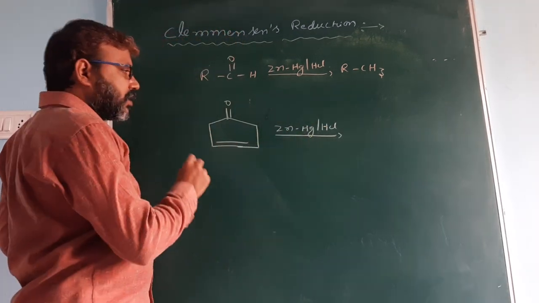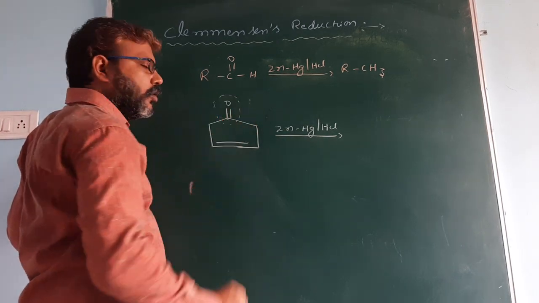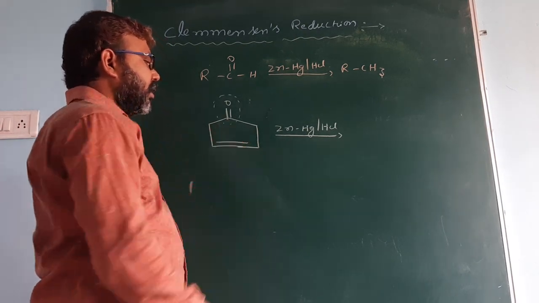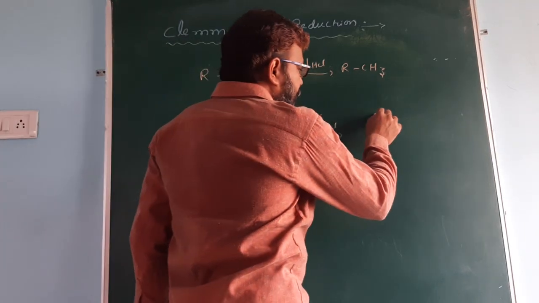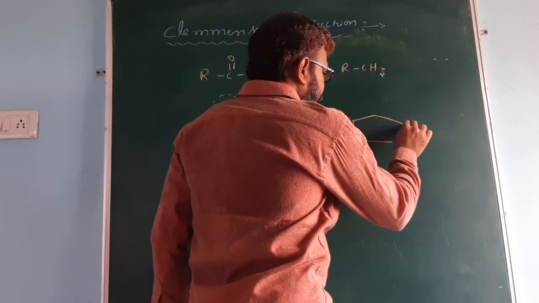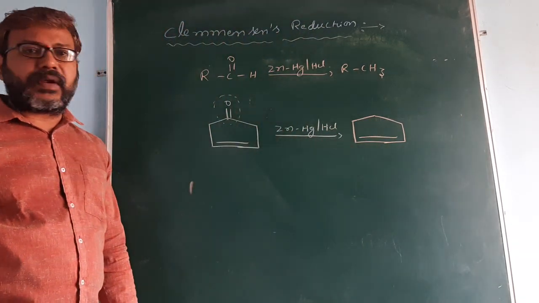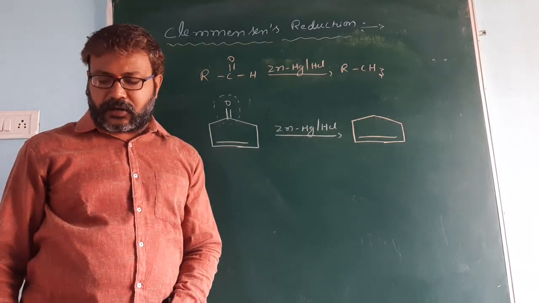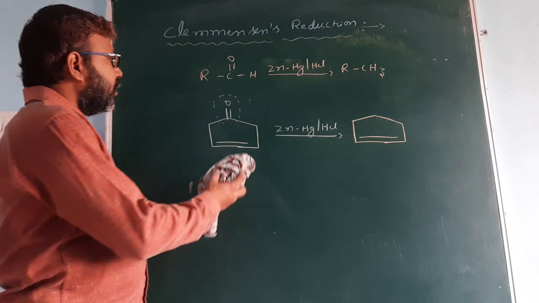So Clemmensen reduction reduces only the C double bond O group to the CH2 group. It cannot affect C double bond C or C triple bond C. We get the product as this one. It cannot reduce C double bond C or C triple bonds. Okay. So next one.